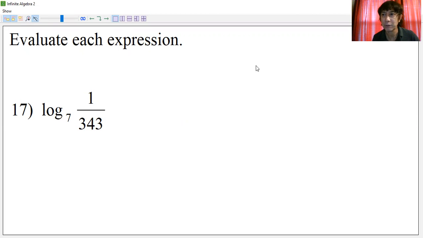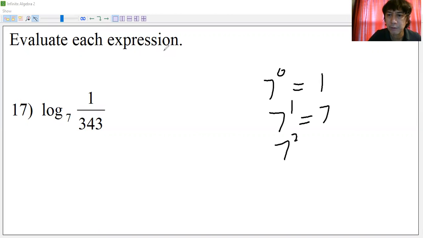Do not be confused with 243 and 343. 243 is for powers of 3, and 343 is powers of 7. Let me just explain this one. 7 to the 0 is 1. 7 to the 1 is 7. 7 squared is 49. Now 7 to the 3rd is 343.